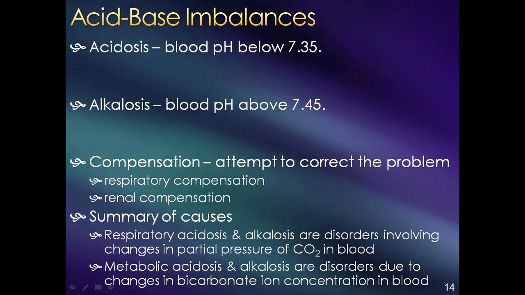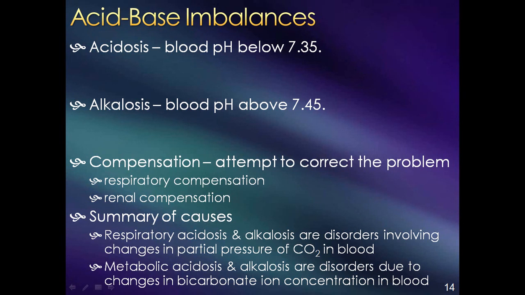Then you need to figure out if the imbalance is due to the respiratory system or if it's something else and metabolic in nature, at which point you're going to look at the amount of CO2 in the blood, and the amount of bicarbonate in the blood, and try to match it all up to figure out which compound, whether it's bicarbonate or carbon dioxide, is causing the noticeable pH problem.